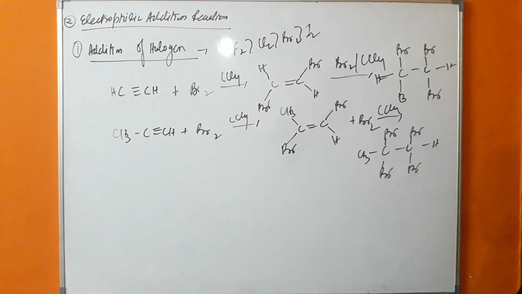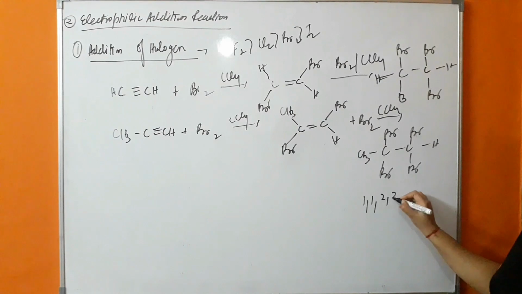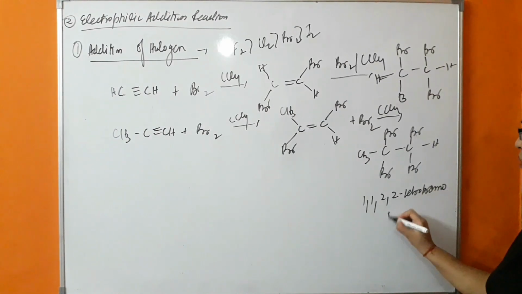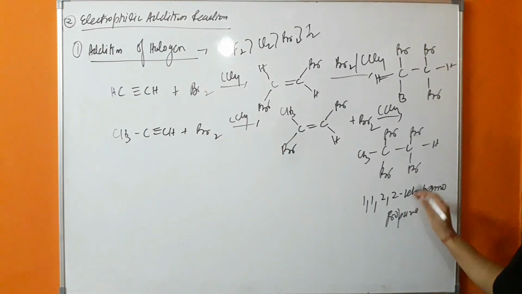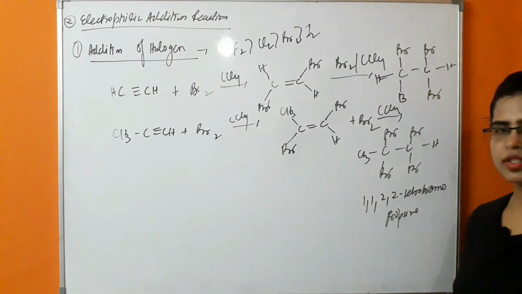What will be the IUPAC name of this compound? 1,1,2,2-tetrabromopropane. This is tetrabromopropane. So this reaction is occurring in two steps.